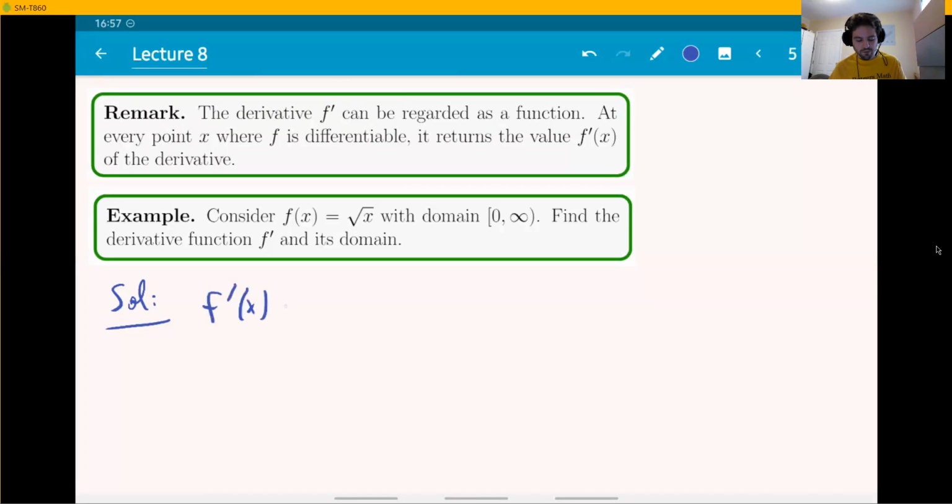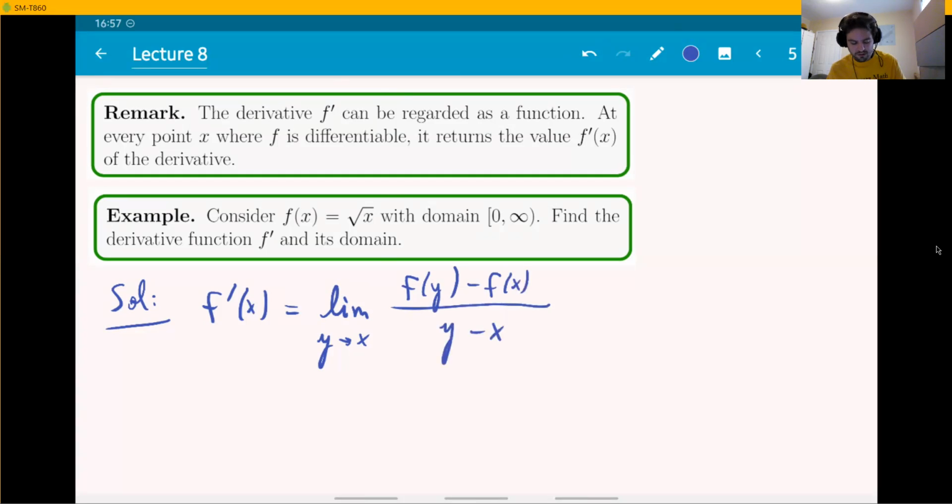Let's try to find f prime of x first. The domain of the function f prime will be the x's for which this calculation makes sense, for which the answer is well defined. So I'm using the second definition of limit, which means y goes to x, which is the number where the derivative is being found. And you do f of y minus f of x divided by y minus x.